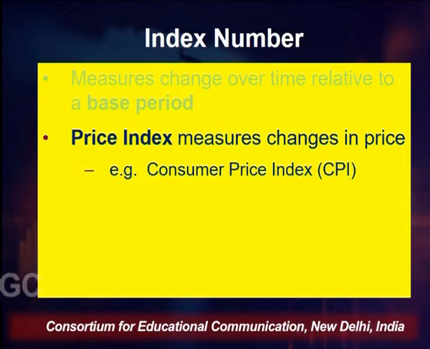Now this index number is again of two types. One is price index, which, as the term itself indicates, gives us a measurement of changes in price. For instance, we have consumer price index, wholesale price index, and so on in the market, and we wonder where this index is coming from.